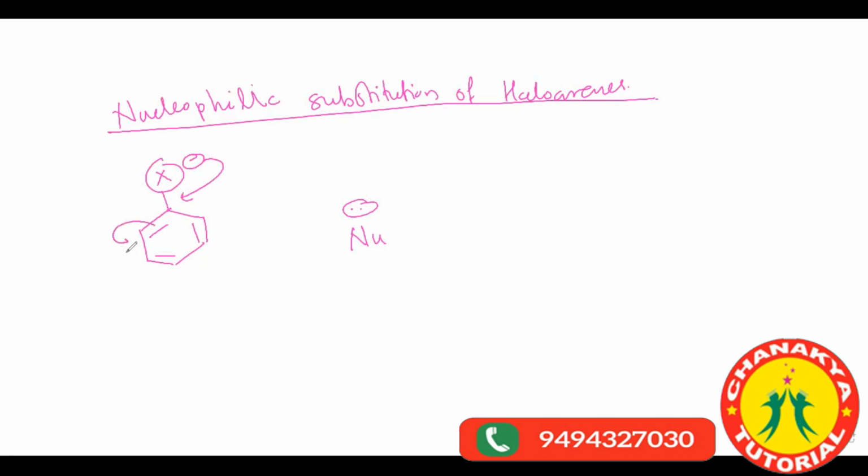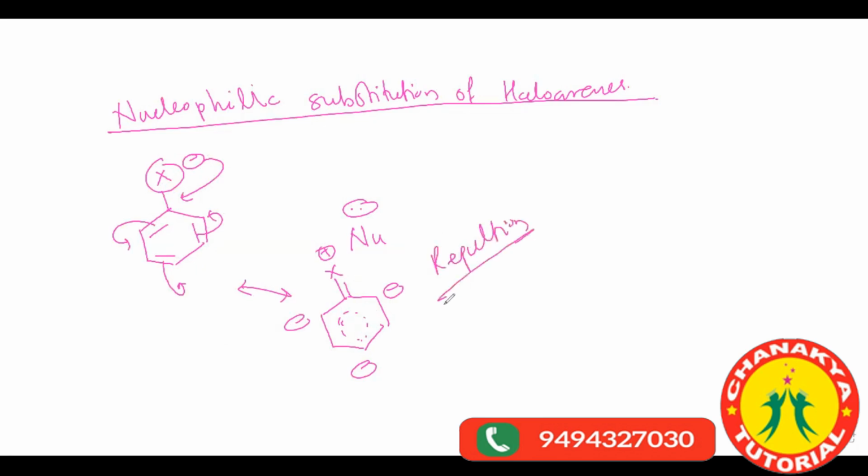It will pass the electron density to the ortho and para positions, so your ortho and para positions are electron-rich, isn't it? In the hybrid, X will carry a positive charge. So negative and negative would repel. So hardly do your haloarenes undergo nucleophilic reaction. They will not undergo nucleophilic reaction.